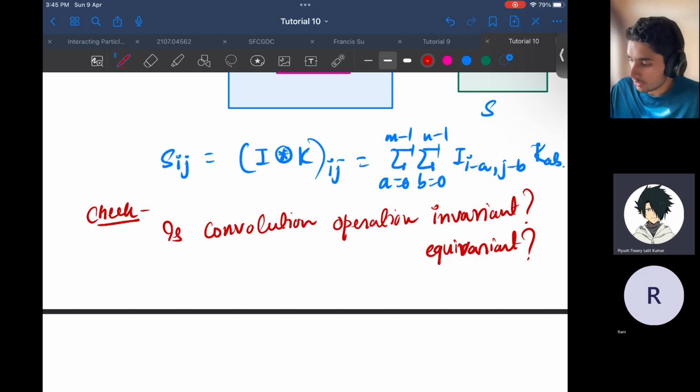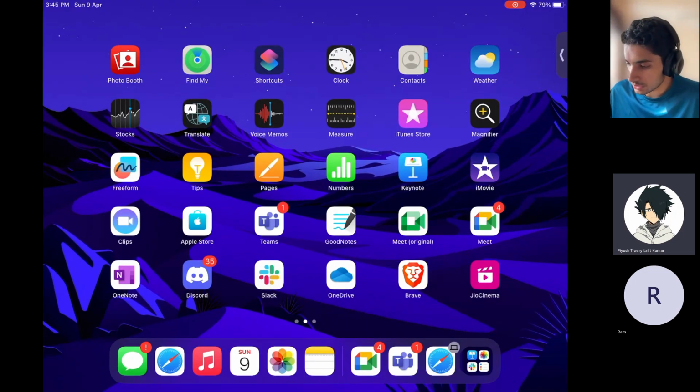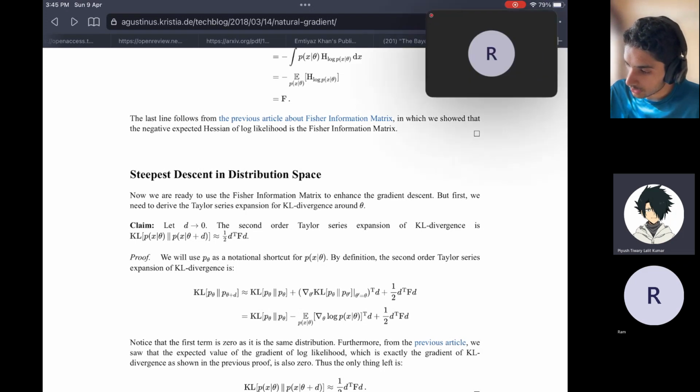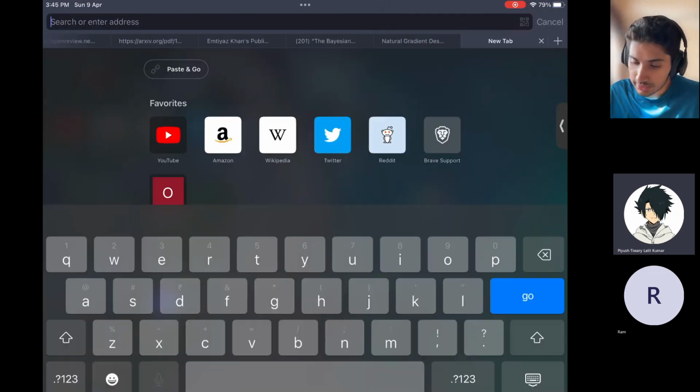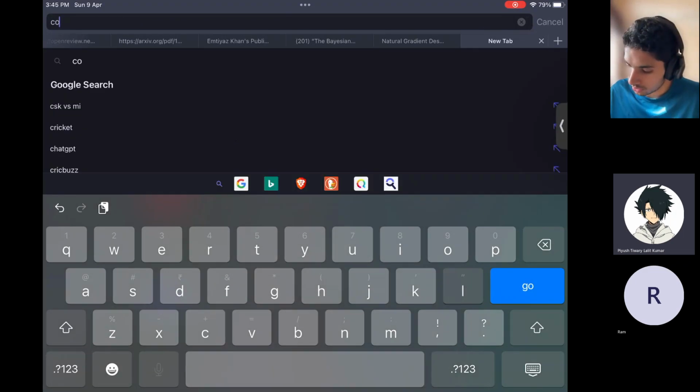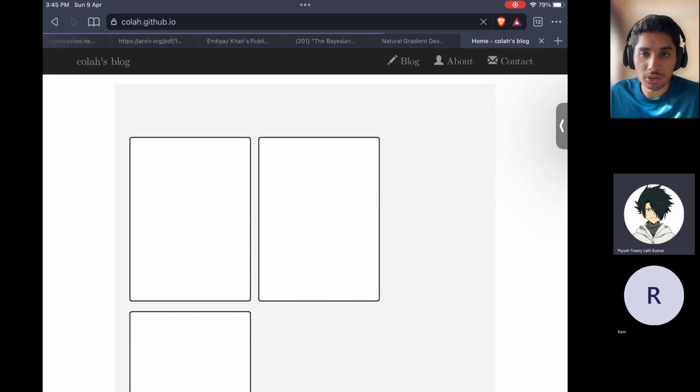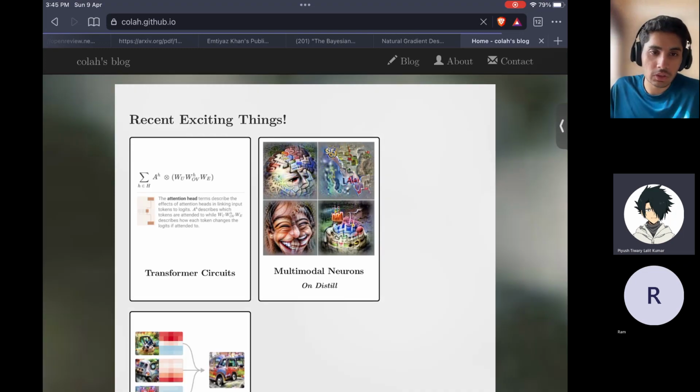All right. Having said that, I will also refer you to one of the resources that I found very useful. There is a site called colah.github.io, a nice website if you want to mingle with CNNs.